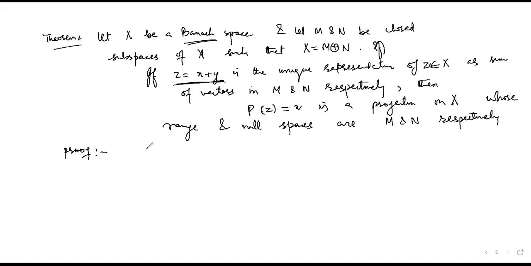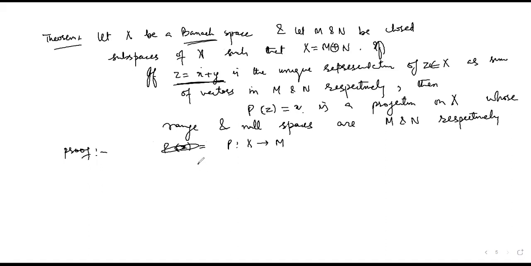Now, so I've got P that is defined from, what do I have? P of Z is equal to x. P is a map from, clearly a map from X to M, क्योंकि इसका रेंज x है और x बिलोंग करता है M में.